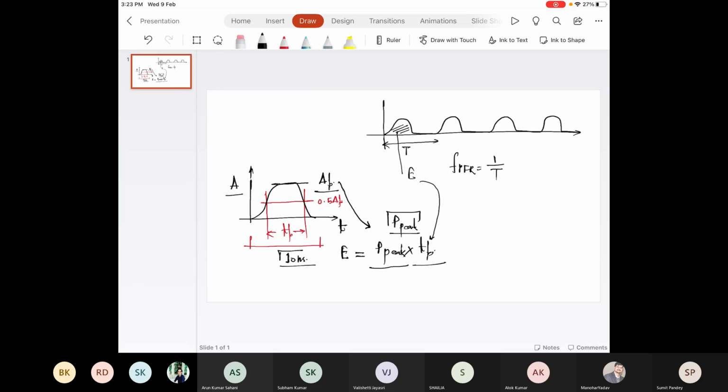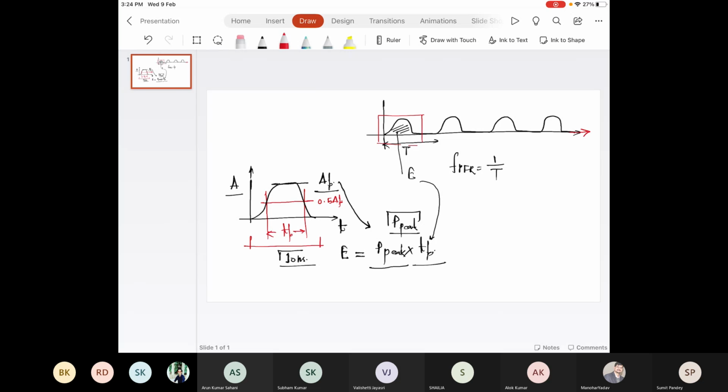Here we are doing the energy-based analysis for one particular laser pulse. If we consider this entire periodic signal, then in that context, which energy parameter do we define?